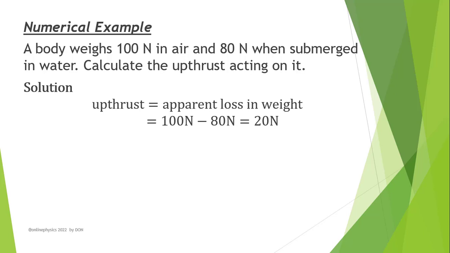So we have 100 newtons, the weight of the body in air, minus 80 newtons, the weight of the object in water. Subtracting the two, we get 20 newtons, which is now the upthrust force, or the apparent loss in weight.